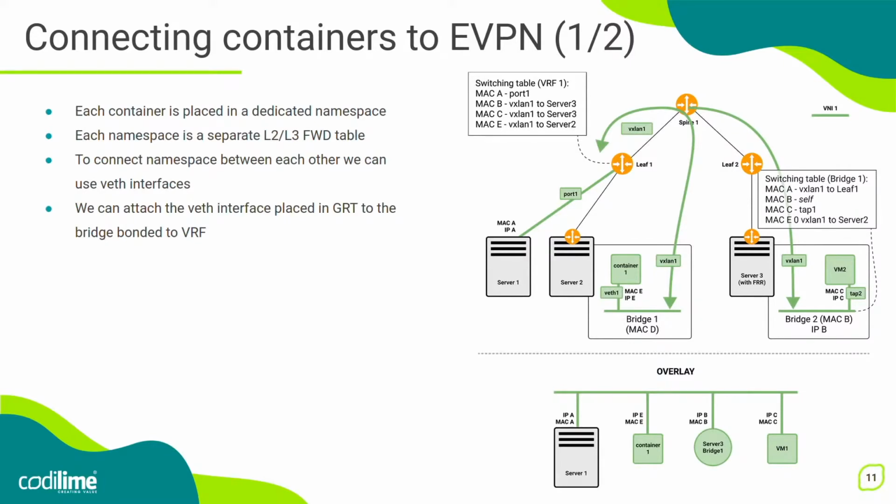The other endpoint, which is left in the global namespace, we assign to the bridge that is already in the VRF. So as soon as the container in the namespace creates a packet, that packet goes into the veth, appears on the other end of the virtual pipe, and since the other endpoint is assigned to the bridge, the packet appears on the bridge and is routed according to the routing tables of the VRF.